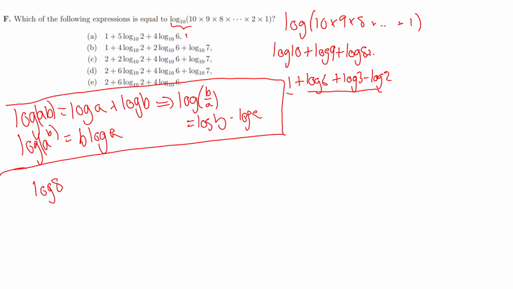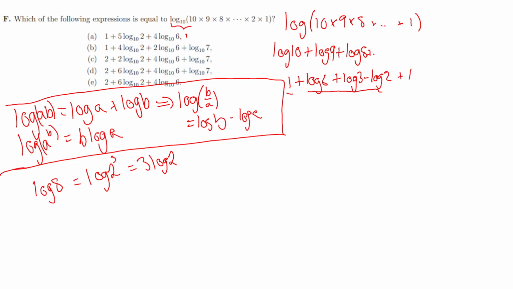Now this incorporates our log A to the power B rule, because what is 8 if not 2 to the power 3? Log 8 is the same as log of 2 to the 3, which is the same as 3 lots of log 2.